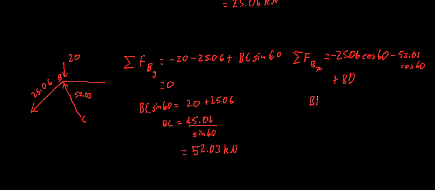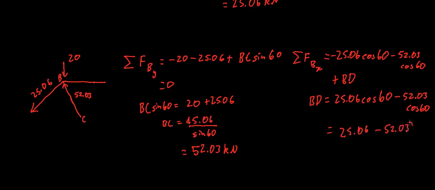BD is equal to, now we bring all these to the other side, we end up with 25.06 cos 60 minus 52.03 cos 60. So let's see, what do we end up with? I'm just going to factor out cos 60 here.